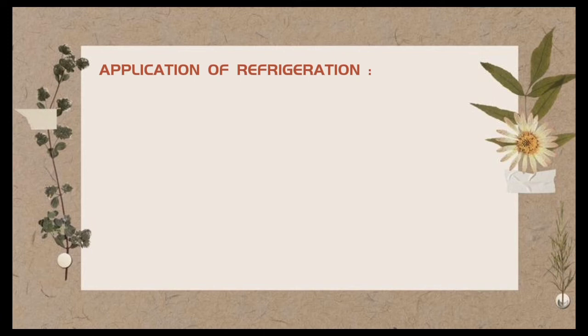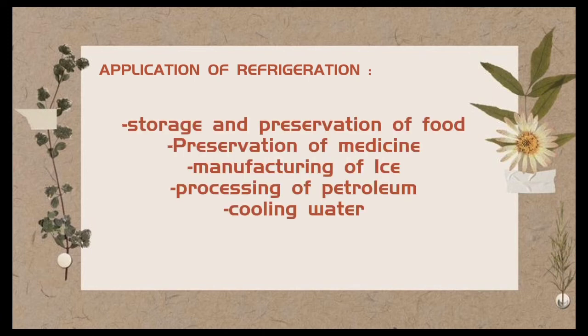So the different applications of refrigeration are storage and transportation of food, preservation of medicine, manufacturing of ice and rubber, processing of petroleum, liquefaction of gases like nitrogen, oxygen, etc., cooling of water, and lastly comfort air conditioning of wide area.